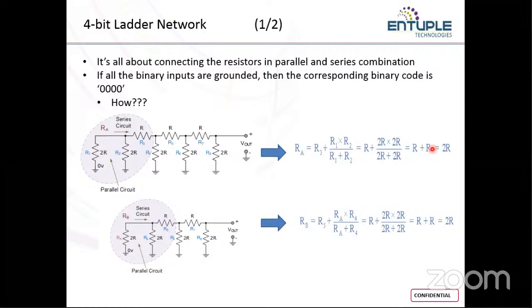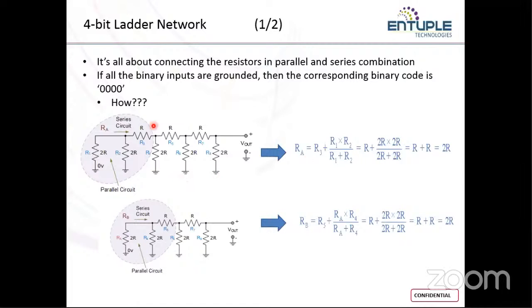And if all the binary inputs are grounded, then the corresponding binary code is 0000. All the 4 bits are going to be 0 when all the inputs are grounded, then the overall binary code is going to be 0000.